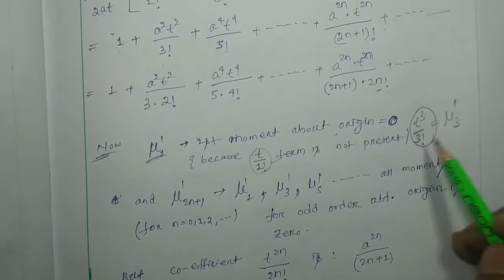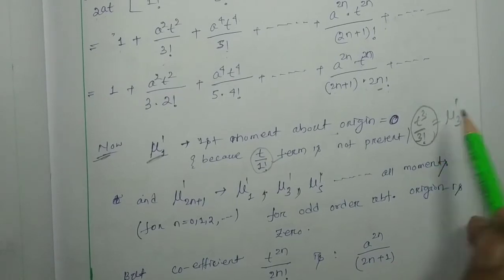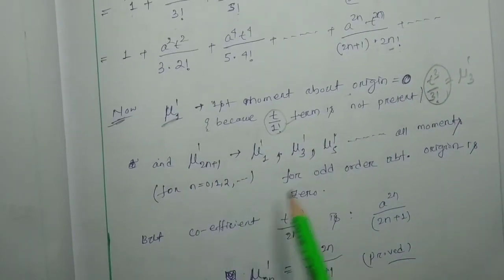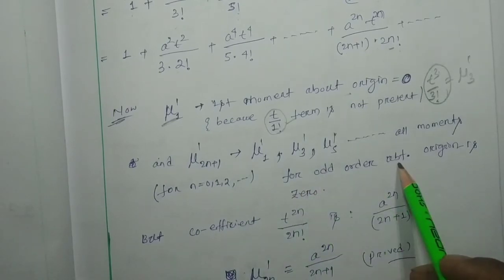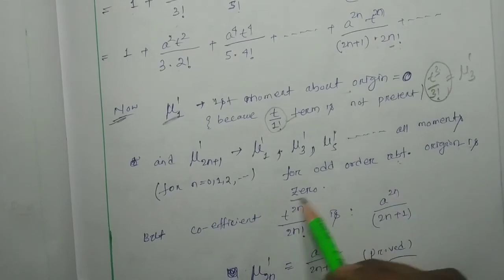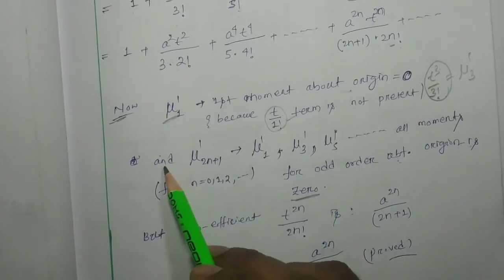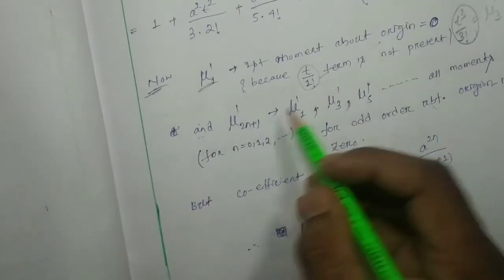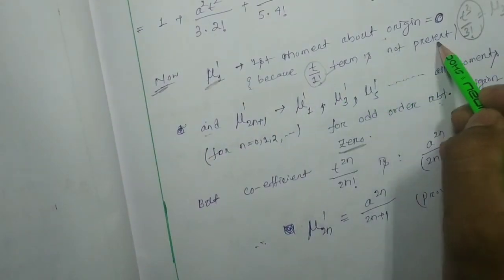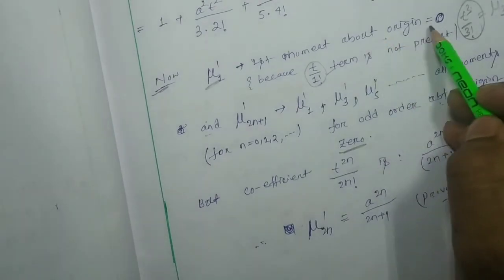That means odd power terms you are not going to get in this series. So hence for odd order moments about the origin, the t by 1 factorial term is not present, so the first moment about the origin will be 0.